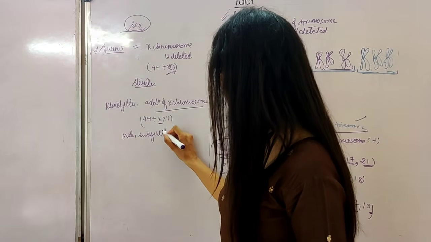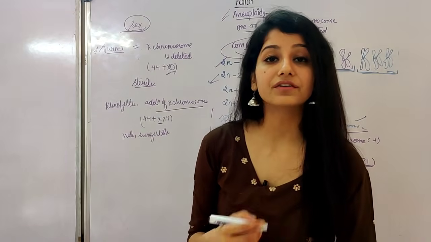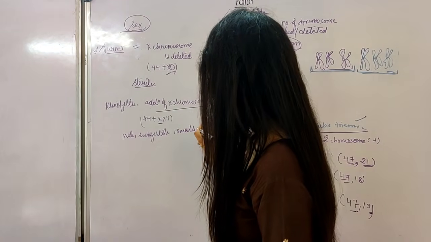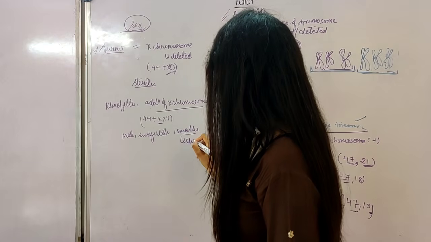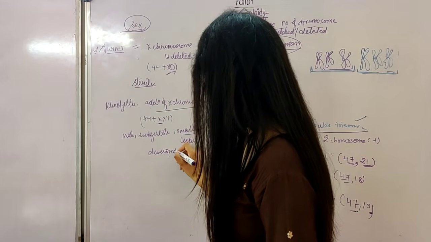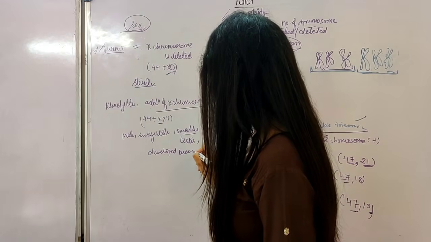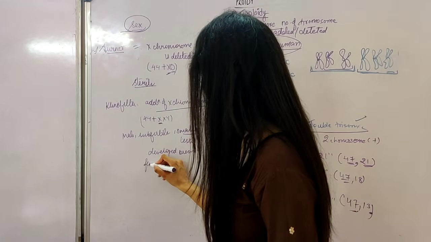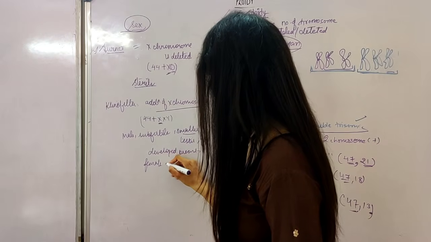The male will be subfertile because he will have testes, but the testes will be smaller in size, and there will be developed breasts. The breasts will be developed in these kinds of males, plus the pitched voice will be like that of a female.